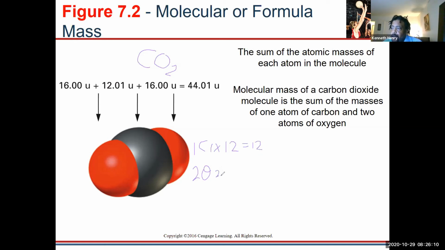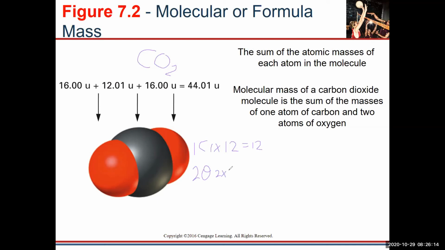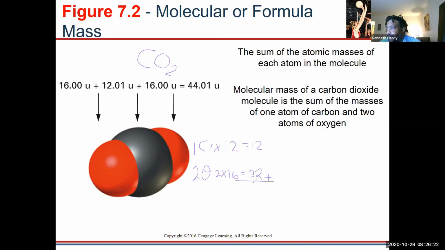We have 2 oxygens, and how much does oxygen weigh? 16. So we add it together, we get 44 AMU.